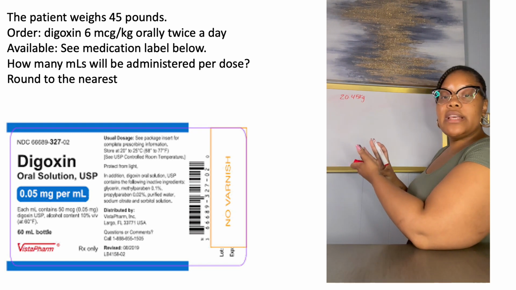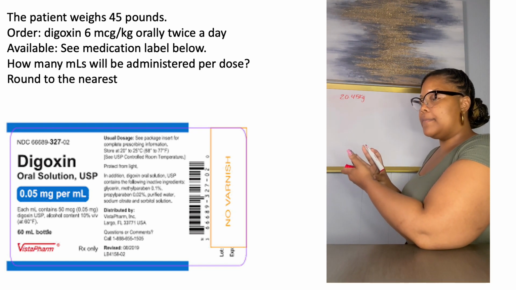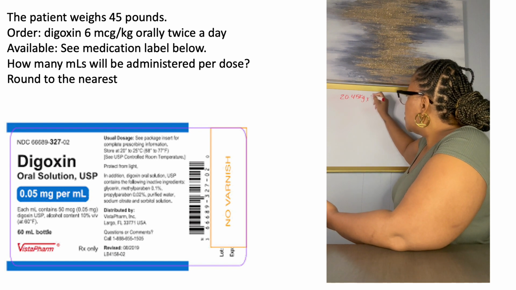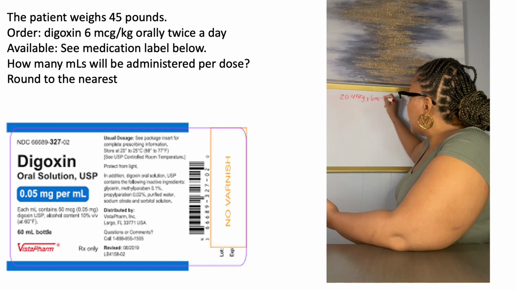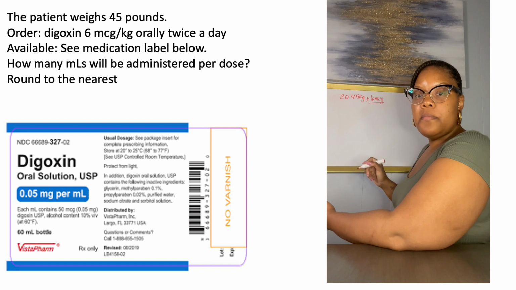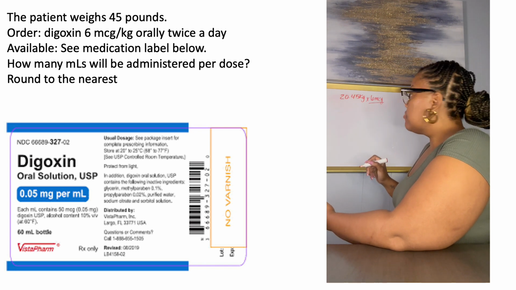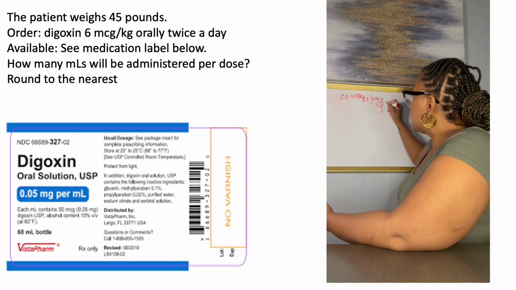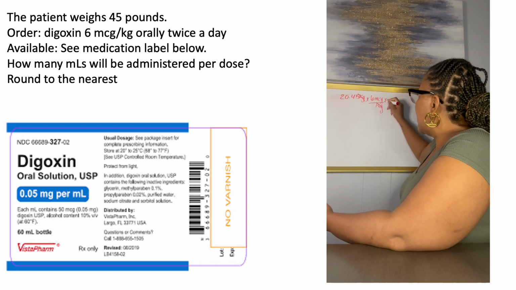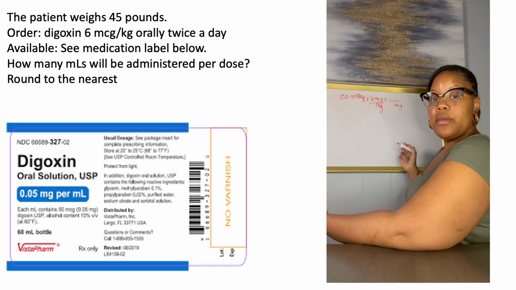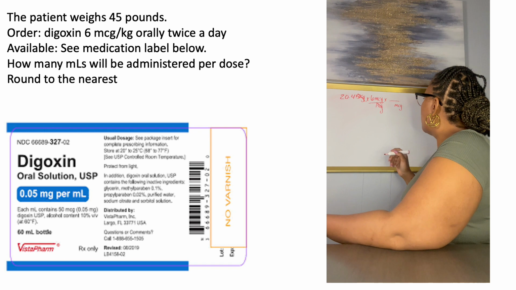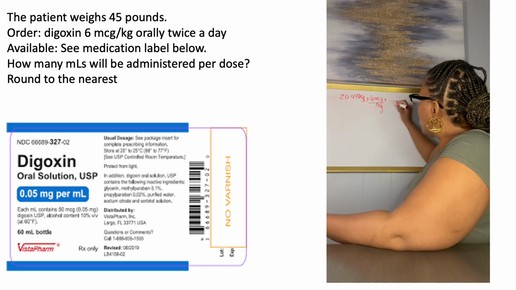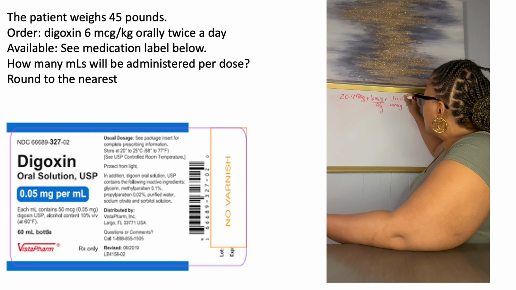So we have your 6 micrograms, and all this is over kg, right? So our kgs are going to cancel out. And while we're here, we might as well cancel out our mcgs. You agree? So we know that 1,000 mcgs equal 1 milligram.